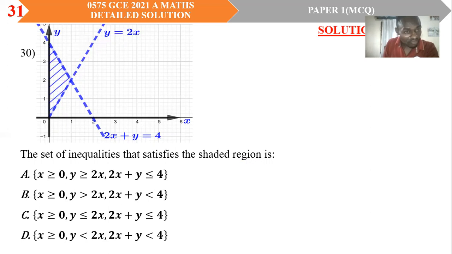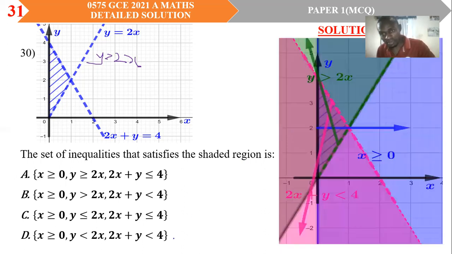So if we want to shade the above part, it is described by the inequality y is greater than 2x. As we look in the solution, the inequality y is greater than 2x is this above part, this part of that line.